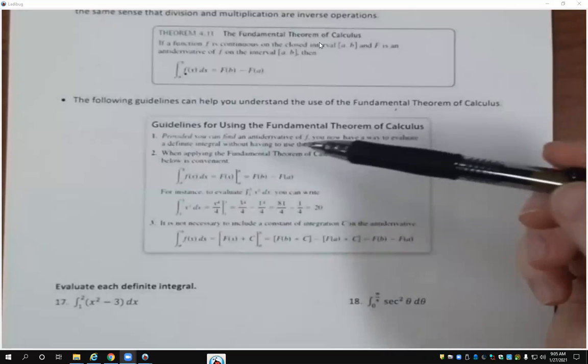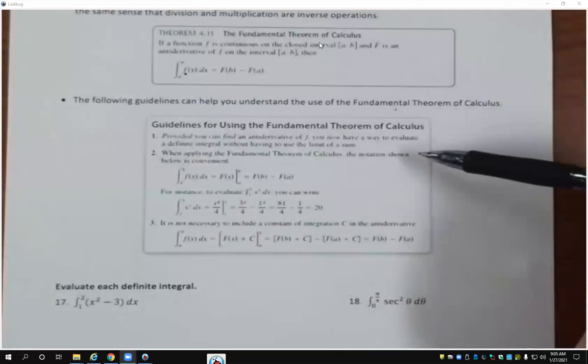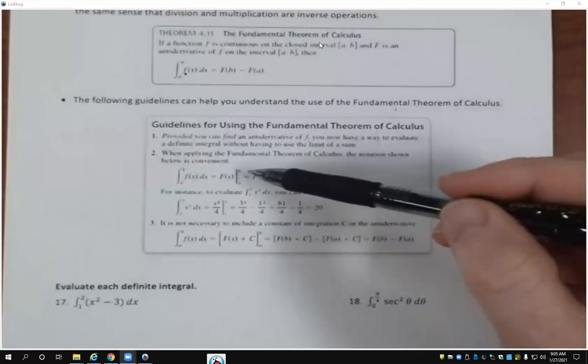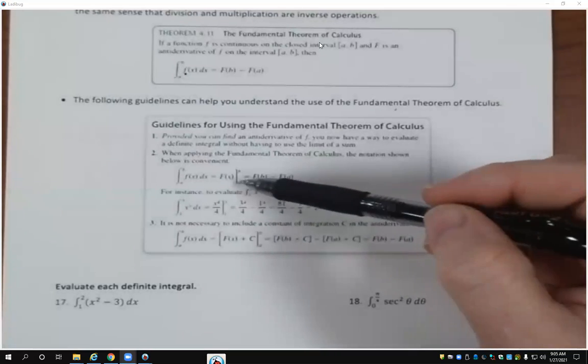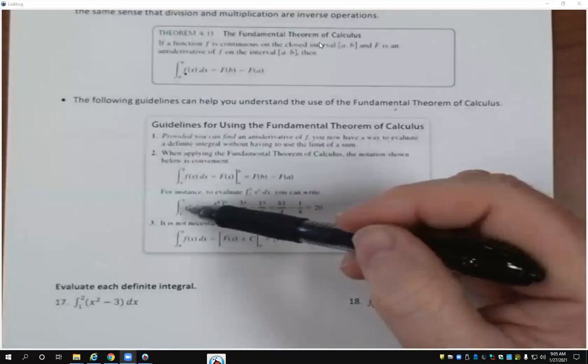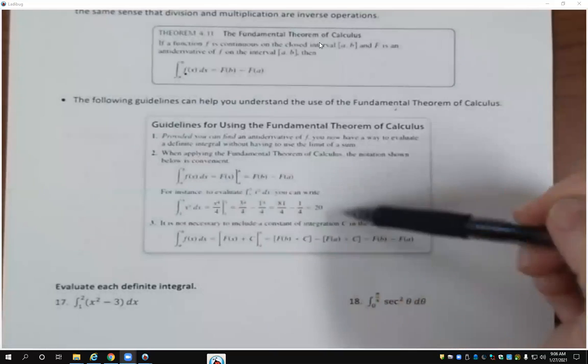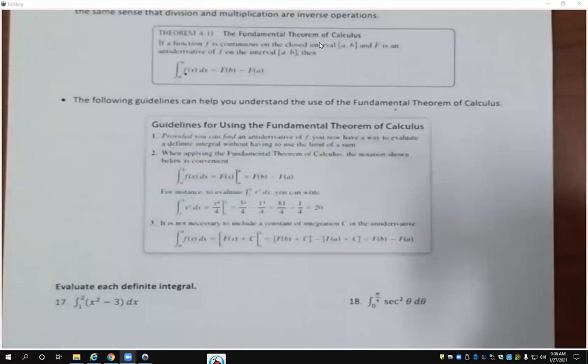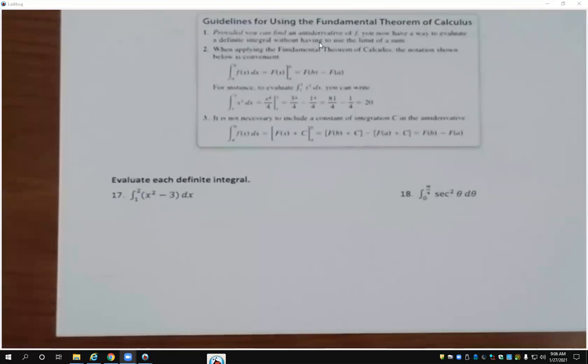All right. What does this say right here? This is just showing the notation, and these are the examples, but this gets a little hard to understand, so I'm just going to show you. We're going to jump right into number 17.